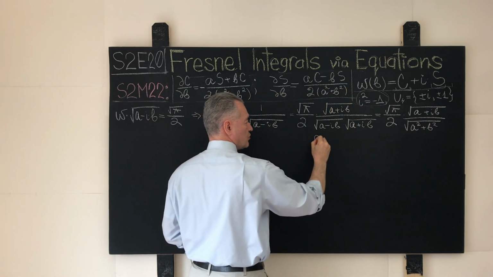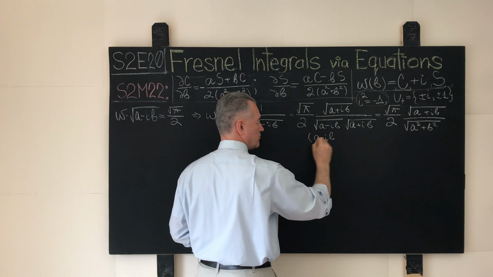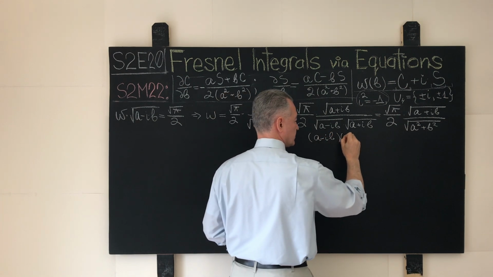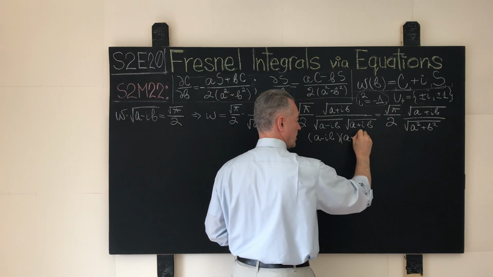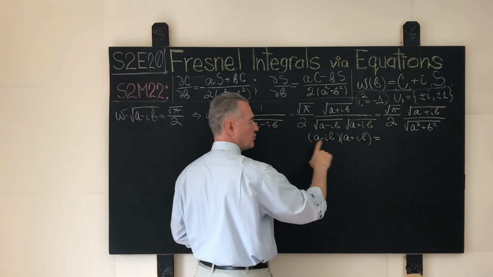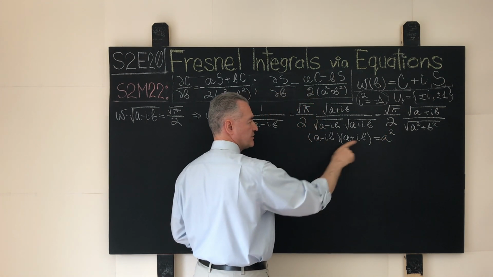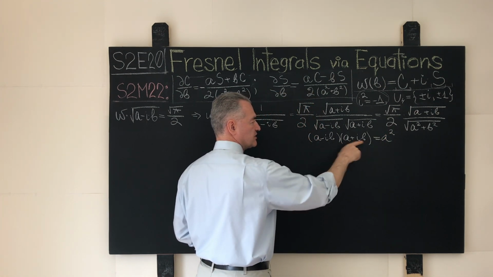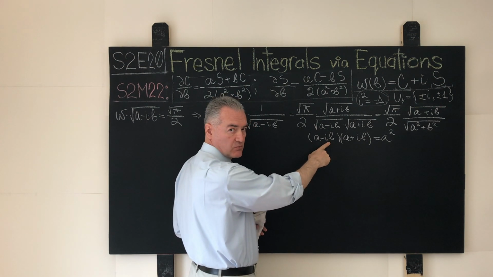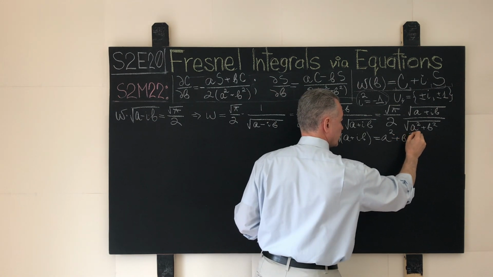Here, just to make sure that we understand where that result came from, a minus i times b times a plus i times b equals precisely a square minus the square of the second term. i square is -1. -1 times -1 is +1. A square plus b square.